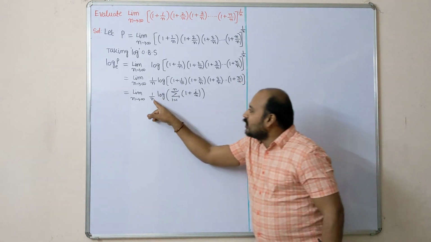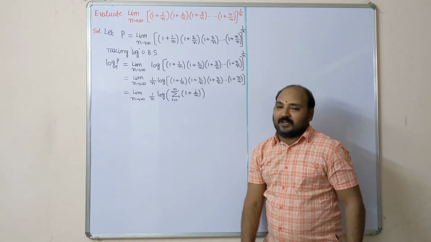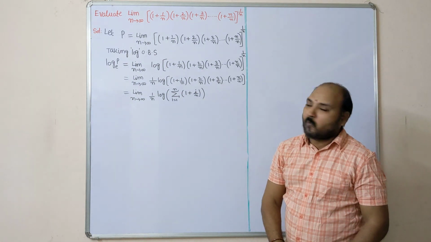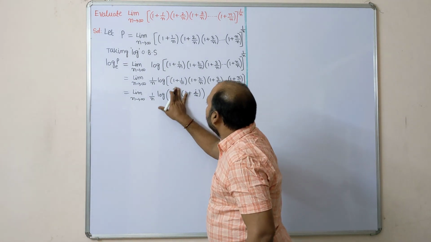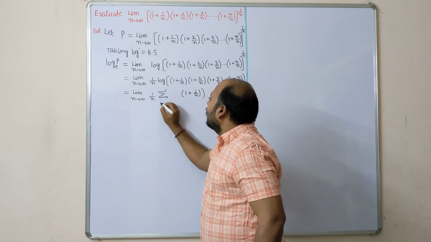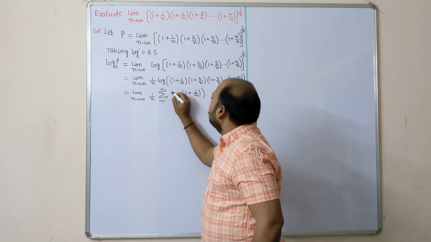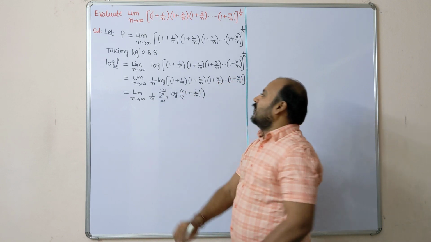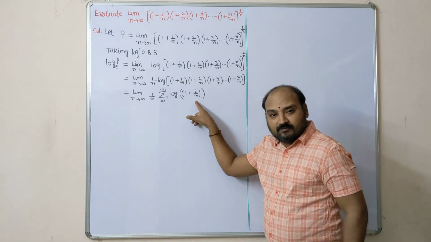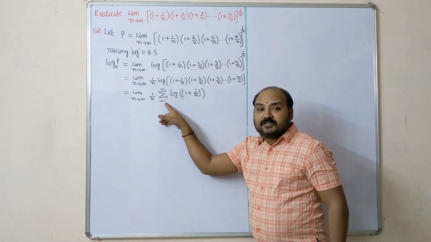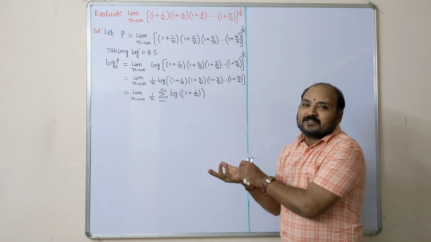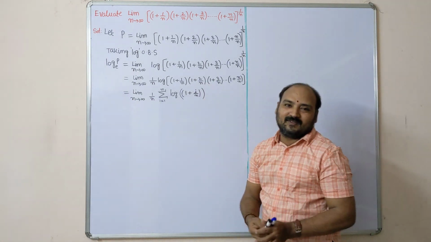If we take i is equal to 1, 1 plus 1 by n, we got it. Then i is equal to 2. Sorry dear students, first sigma here, i is equal to 1 to n of log. For i is equal to 1, substitute log of 1 plus 1 by n. Next plus i is equal to 2, log of 1 plus 2 by n, and so on. Log a plus log b, the log of a product, you know anyway.